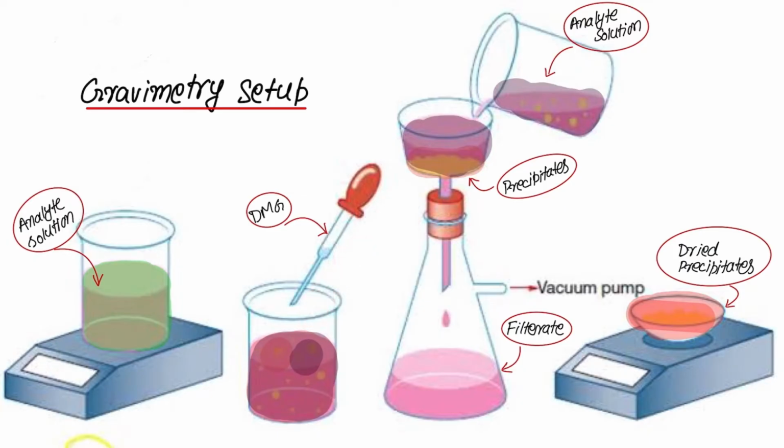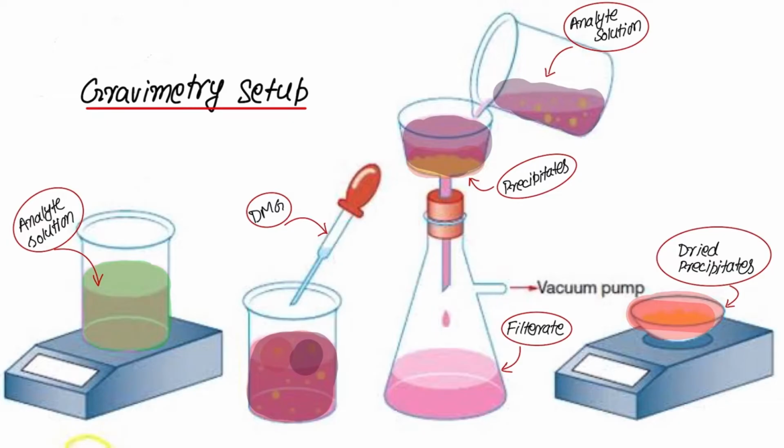Here a question may arise: if we can add DMG in excess, only the nickel which makes a complex with DMG will form precipitates, and the excess amount can be filtered. But why are we adding DMG drop wise? The reason is that because this solution is prepared in alcohol, 1% solution of alcohol is also being added along with DMG.